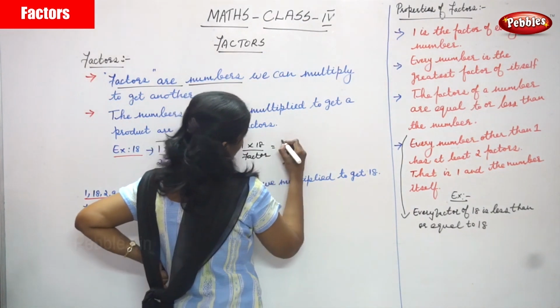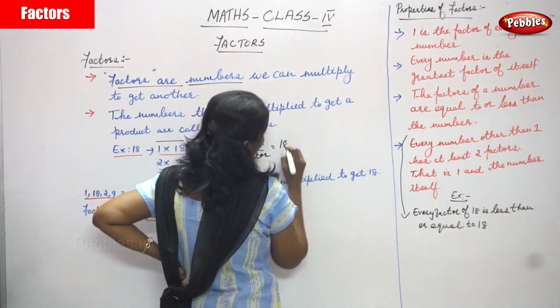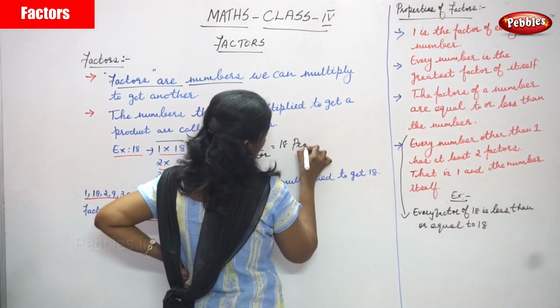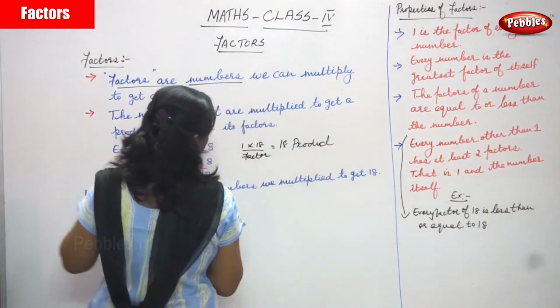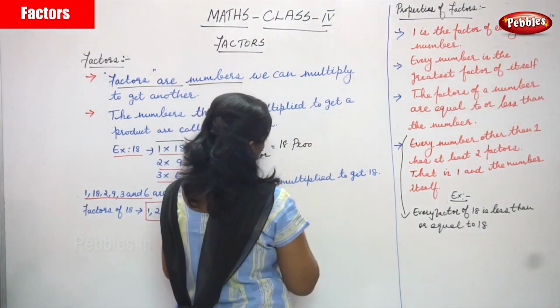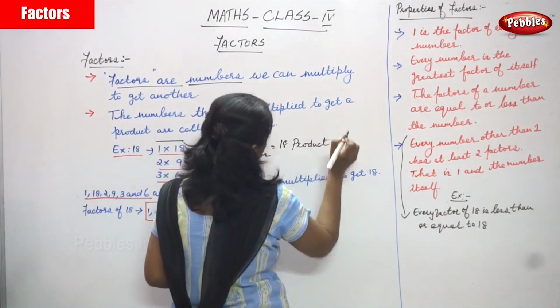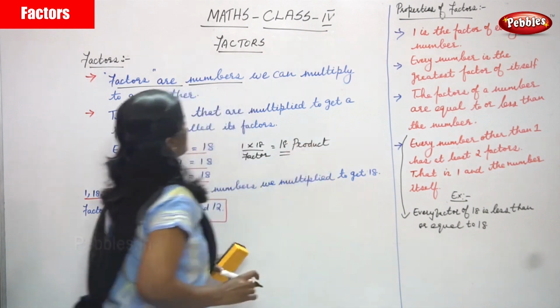The result is a product. That is, 18 is the result. This is the answer, and the answer is a product. I think now you understand.